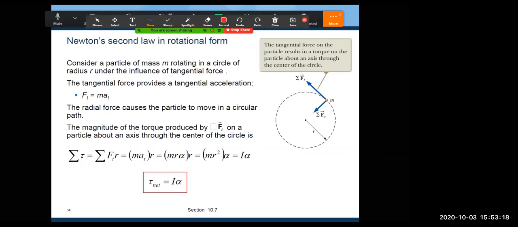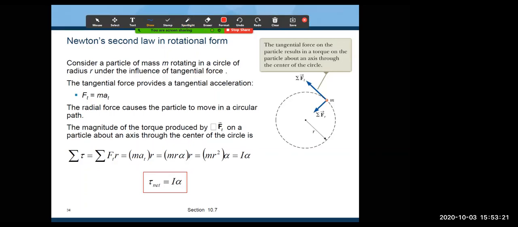If you go back to the circular motion, centripetal acceleration is equal to v squared divided by r, or equal to omega squared r, because the tangential velocity is related to the angular velocity by v equals omega r.